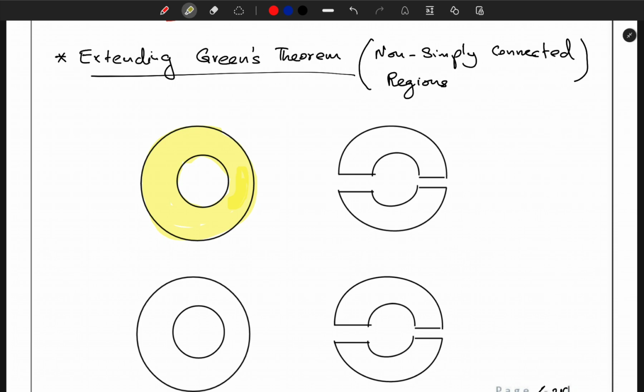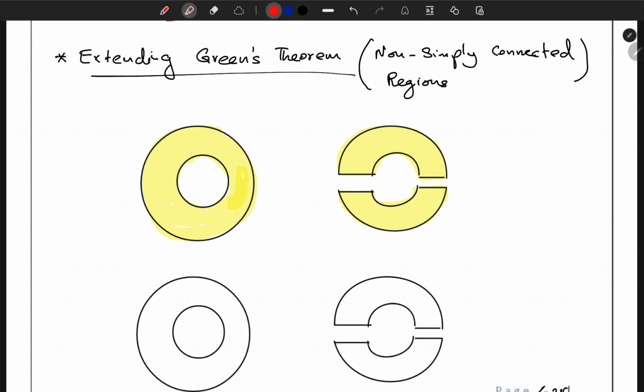Now, the double integral over this region can be found by adding these two together: the double integral over the upper part plus the double integral over the lower part.